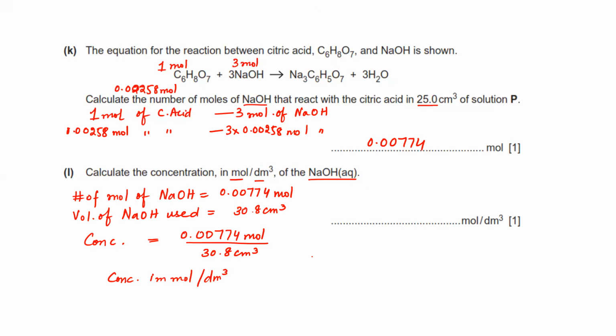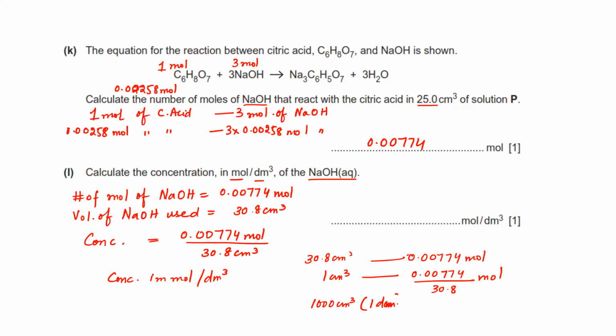You can solve it like this: 30.8 centimeter cube have 0.00774 moles. 1 centimeter cube will have 0.00774 divided by 30.8 moles, and 1000 centimeter cube, that is actually 1 decimeter cube, will have 0.00774 divided by 30.8 multiplied by 1000 moles.